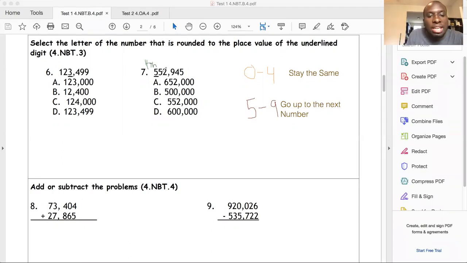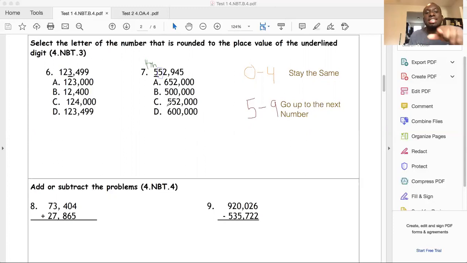So I'm going to look to the digit behind it, in my 10,000s place, my 5. If that number behind the underlined number is 0 through 4, you stay the same. If it's 5 through 9, you go up.